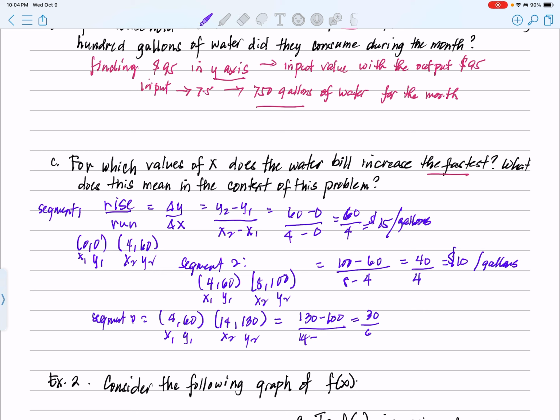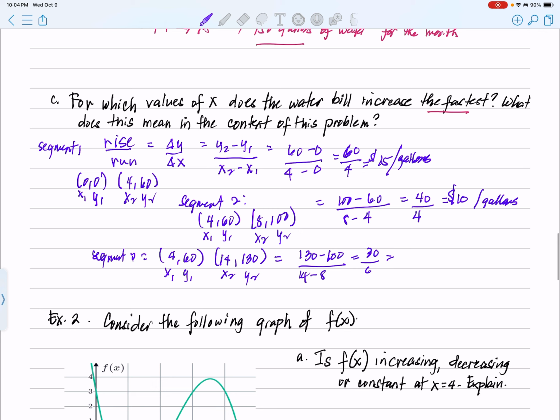Sometimes we are always like this. We have to be careful what we're doing. We mess up. Like me, when I move fast, I tend to make mistakes. So 30 over 6 is $5 per gallon. Hundreds. This is hundreds of gallons.